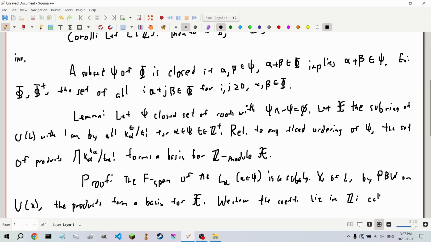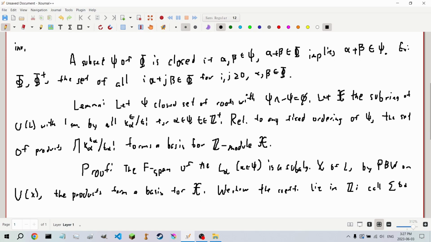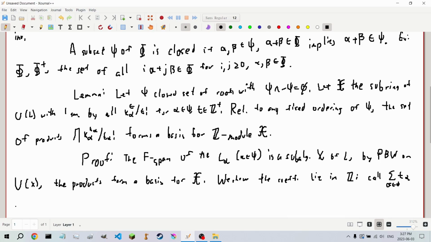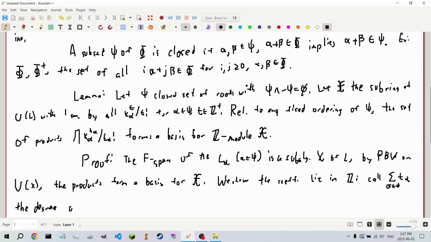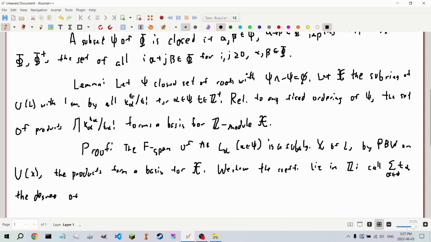So we're going to call the sum of t alpha for alpha in our closed subset the degree of this product of x alpha to the t alpha over t alpha factorial.